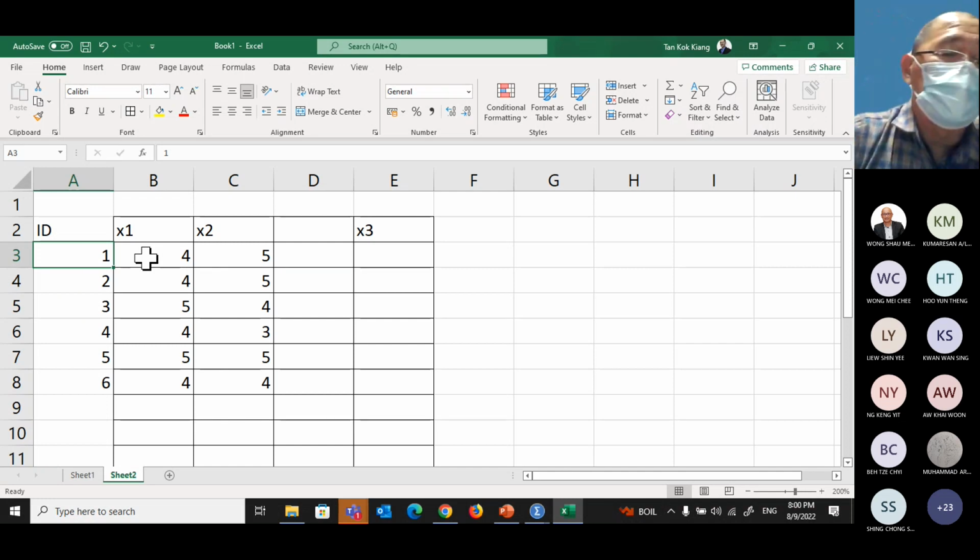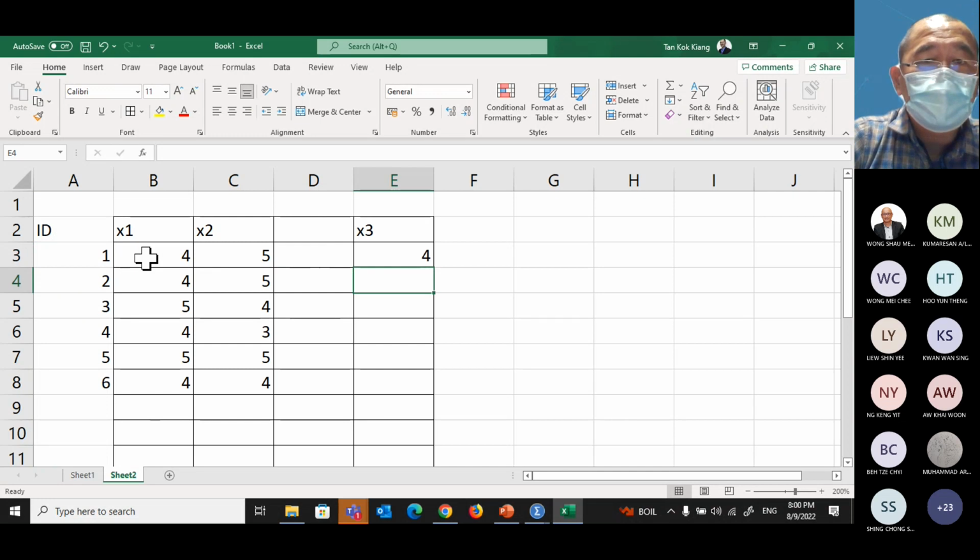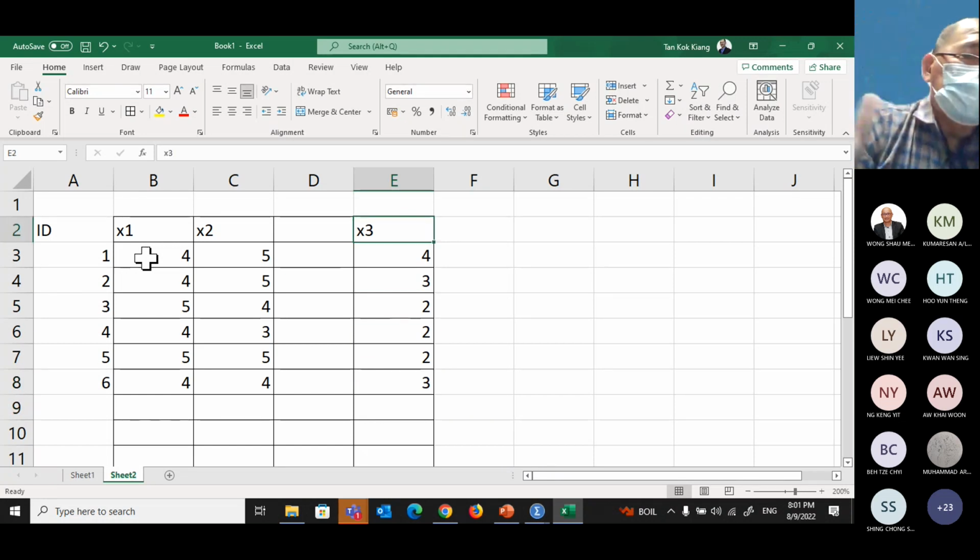This is the pattern. Let's say x3 is another variable. When the survey compares x2 and x3, they find not much relationship. But x1, x2, quite high relationship. Therefore, x1 and x2 group together.